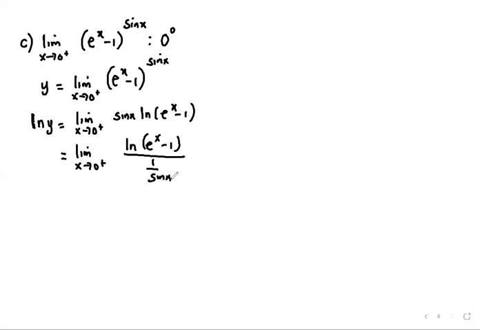So let's see. We now need to differentiate both parts. So we have the limit as x goes to 0 plus. There we get e to the x over e to the x minus 1, multiplied by sine squared x over minus cos x.